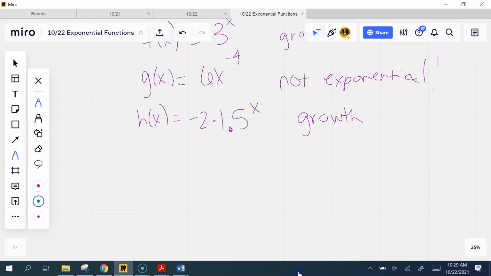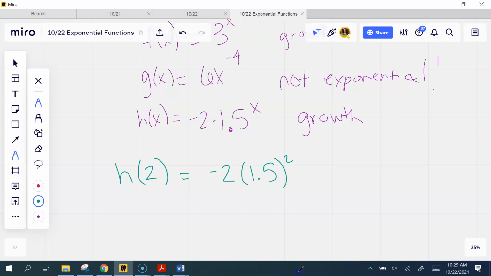What if I asked you to find h of 2? What does that mean? If I plug in 2 for the exponent, and a lot of you missed this when we were doing some evaluation. Do I multiply first and then raise to the exponent, or do I exponent and then multiply?